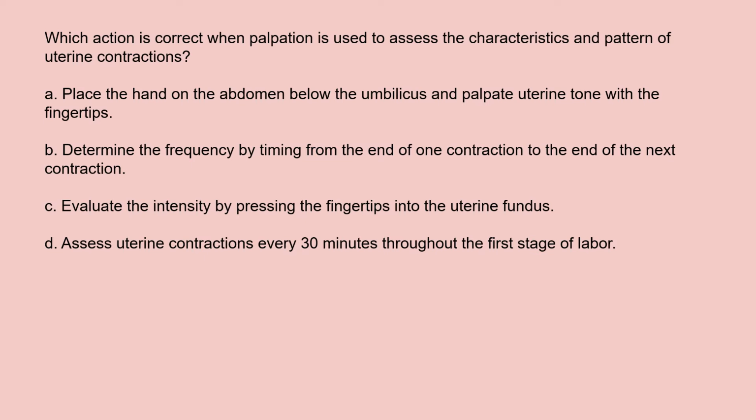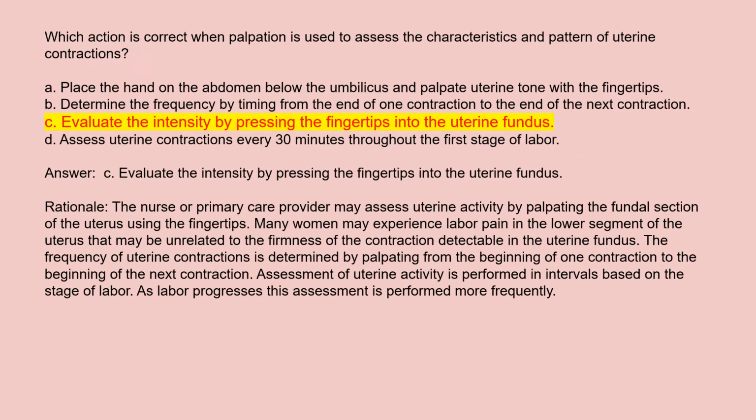C. Evaluate the intensity by pressing the fingertips into the uterine fundus. D. Assess uterine contractions every 30 minutes throughout the first stage of labor. Answer. C. Evaluate the intensity by pressing the fingertips into the uterine fundus.